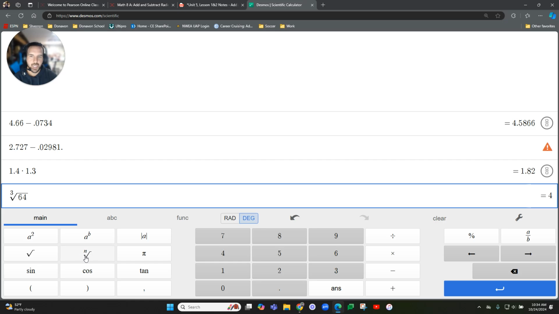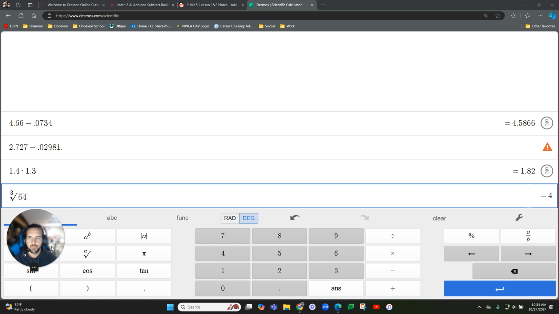I'm going to hit this n with the square root symbol. The n allows me to change the index, or the root, and then I can click underneath to change the radicand. The radicand is the number that's underneath the square root symbol, and that would be 64 in this case. So the third root of 64 is 4, or the cube root of 64 is 4.